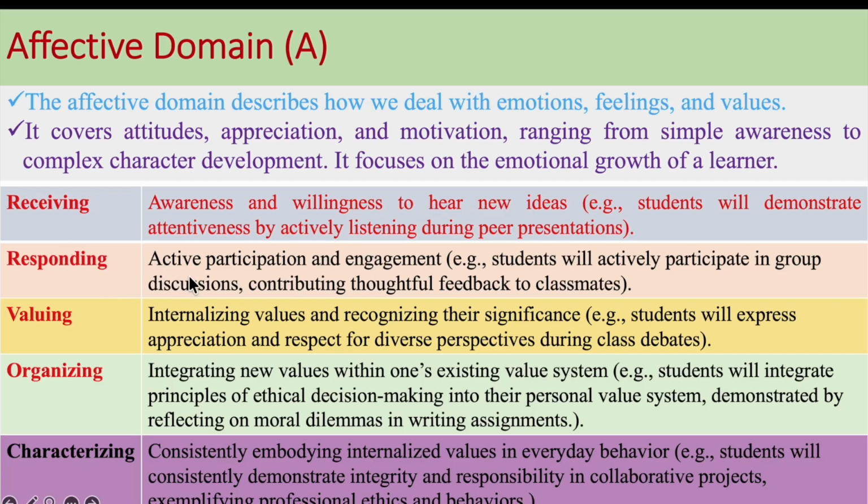Responding means active participation and engagement. Valuing means internalizing values and recognizing their significance. Organizing means integrating new values within one's existing value system. And the fifth is characterizing, meaning consistently embodying internalized values in everyday behavior.